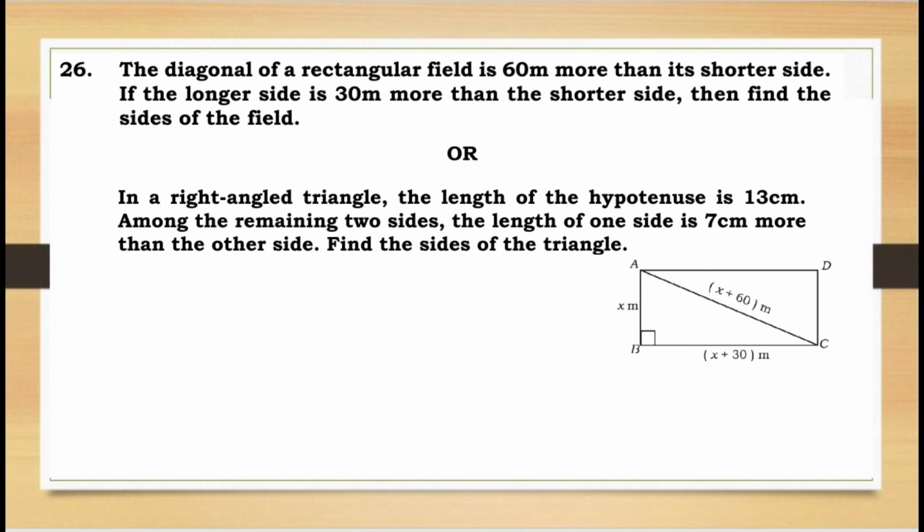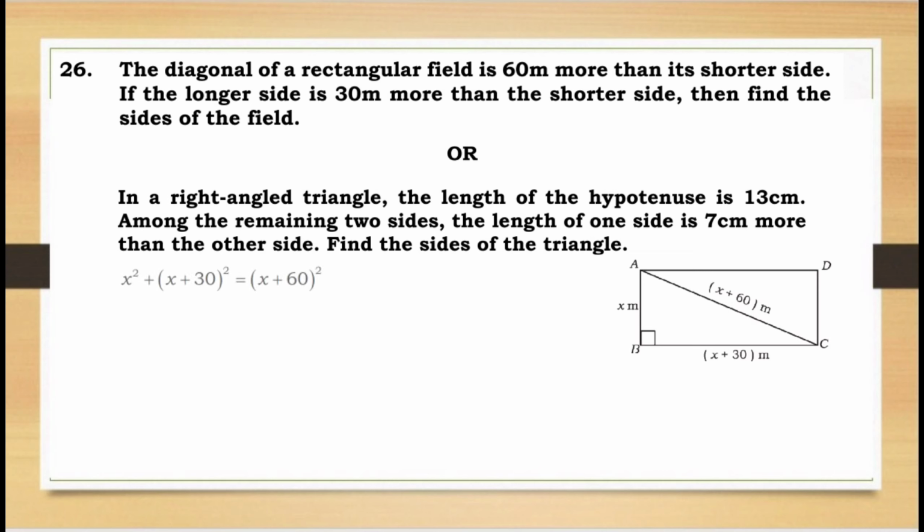In your textbook, there is one theorem, that is theorem 2.8, which states that in a right triangle, the square of the hypotenuse is equal to the sum of the squares of the other two sides. If you apply Pythagoras theorem for triangle ABC, then we get sum of the squares of the other two sides, that is shorter side and longer side, which equals square of the length of the diagonal in the triangle ABC.